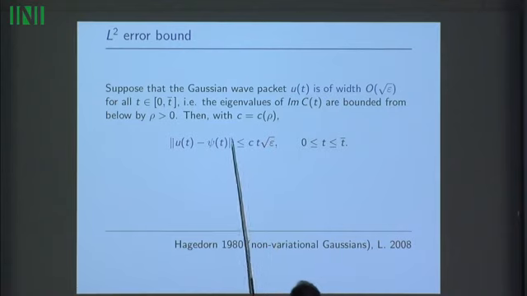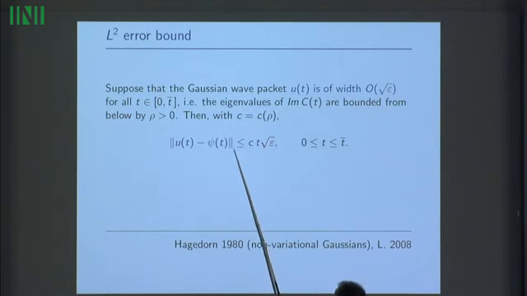But then, as long as it remains localized with width square root of epsilon, it approximates the exact wave function in the L2 norm with an error proportional to the square root of epsilon. Now that's a remarkable result. We have this high-dimensional, highly oscillatory wave function, and this is just approximated by a Gaussian.